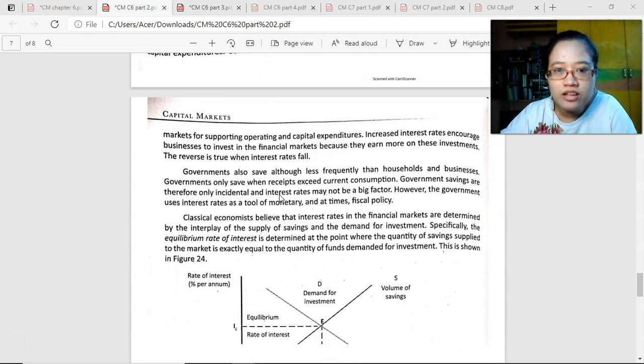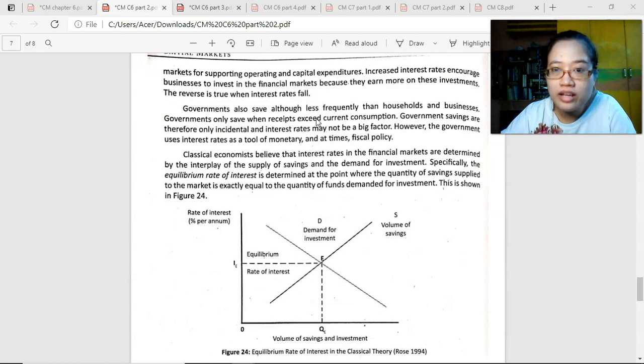Right? Governments also save, although less frequently than households and businesses. Governments only save when receipts exceed current consumption. So, di ba ang government, the bulk of its revenue comes from taxes, right? Pero yung pagbabayad ng taxes, hindi siya isang bulto for the year, nakaschedule siya. Di ba meron tayong monthly tax returns, quarterly tax returns, and then we have the annual tax returns.